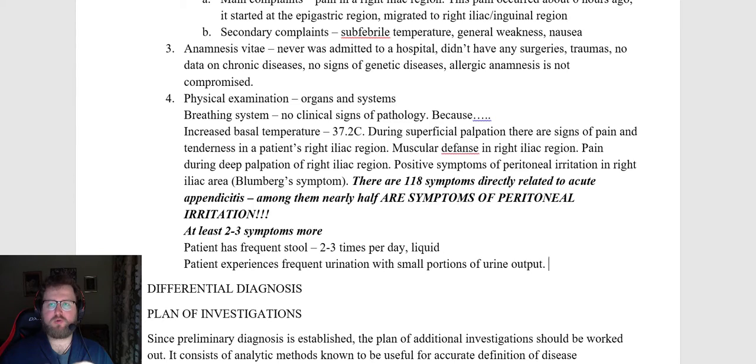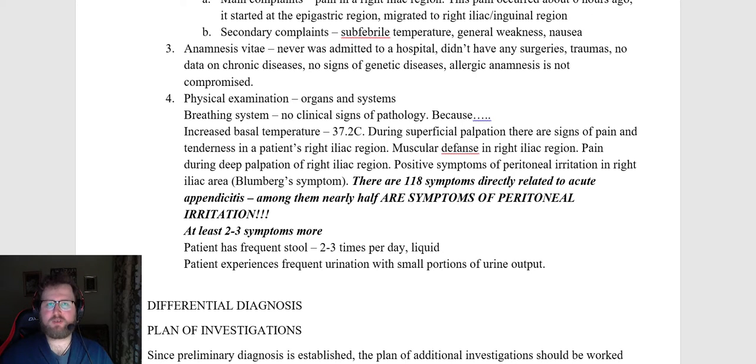After the urinary system, if a patient is a female, we can notice that during bimanual examination, the pain in a woman's right iliac region increases.